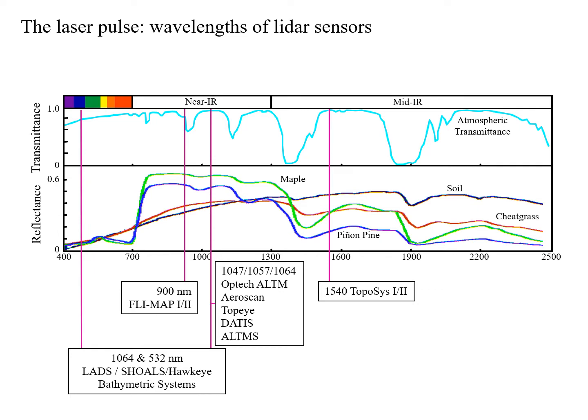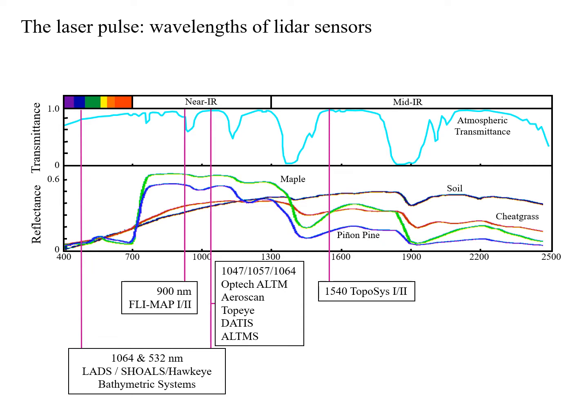Light comes in at 1064 and out at 532. So the frequency has been doubled, therefore the wavelength must be halved. 532 is half of 1064. And that gives you the ability to penetrate water to some extent.